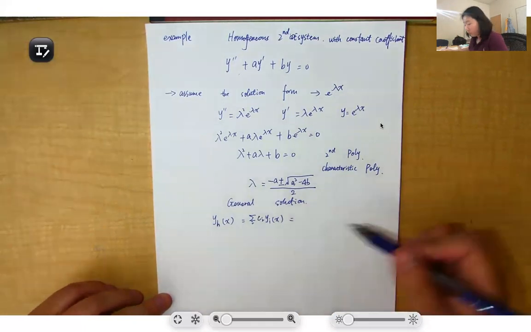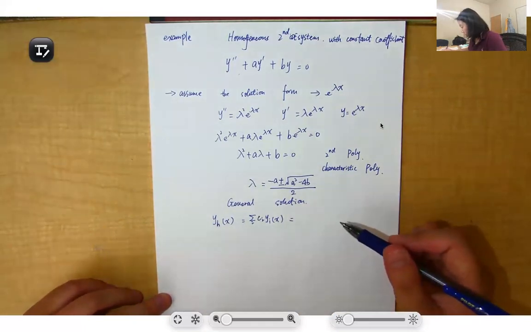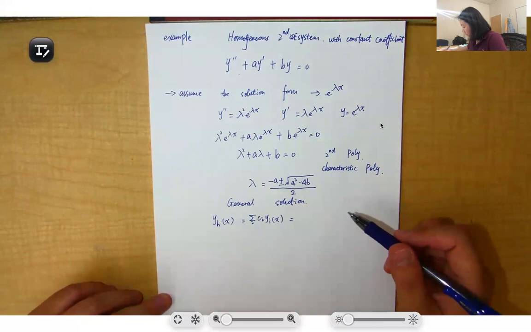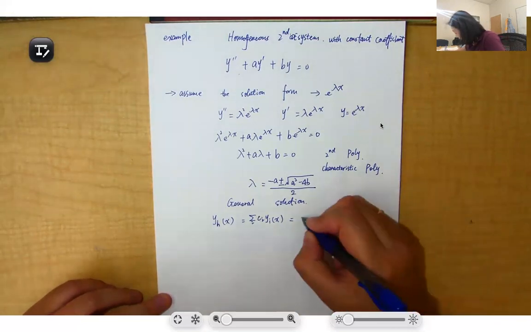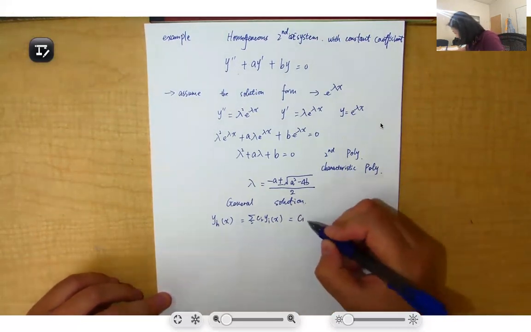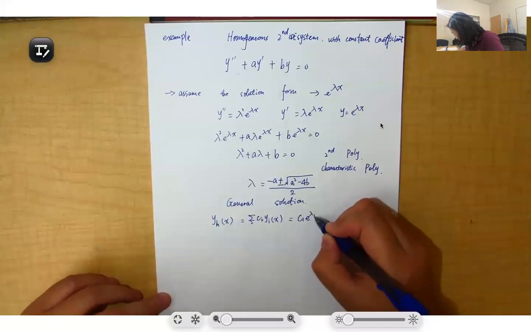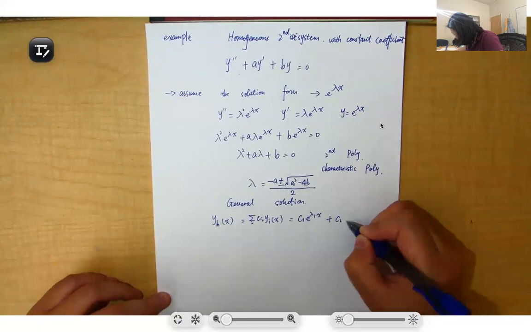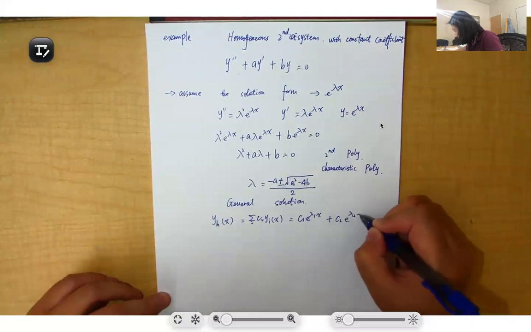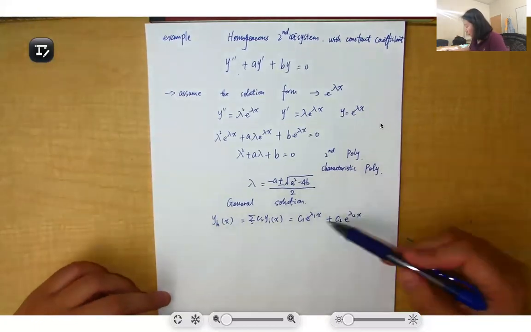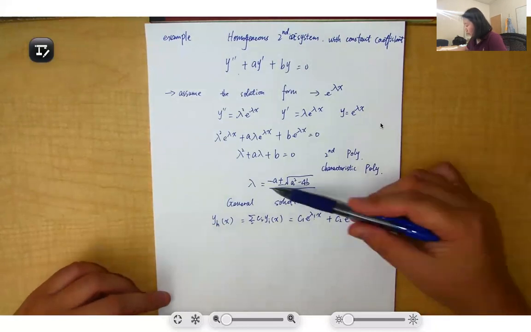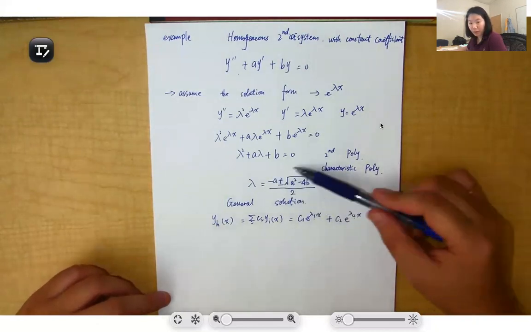And we have only two linearly independent solutions, so we write c1 e to the lambda 1 x plus c2 e to the lambda 2 x. And you know this lambda 1 and lambda 2 are given by these equations, right?